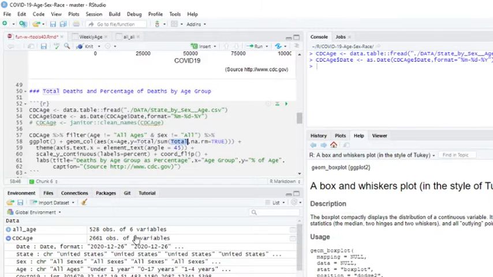Total. Oh, this is age. This is total what? Unfortunately, I don't remember what total was. Deaths? Let's try deaths.